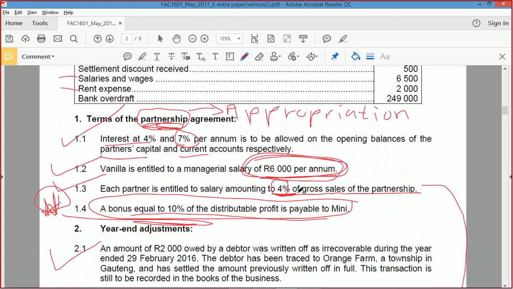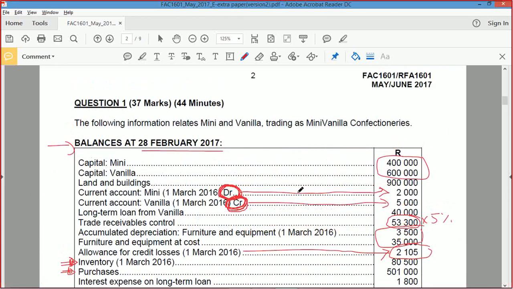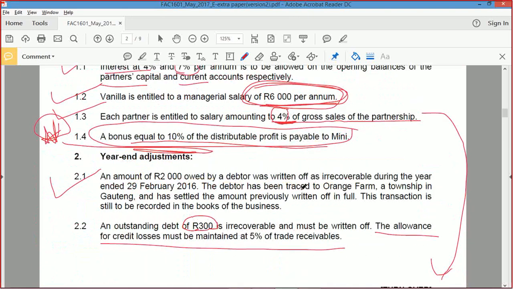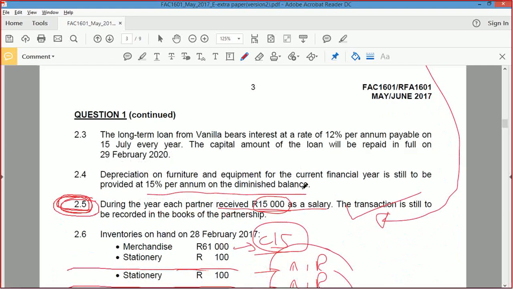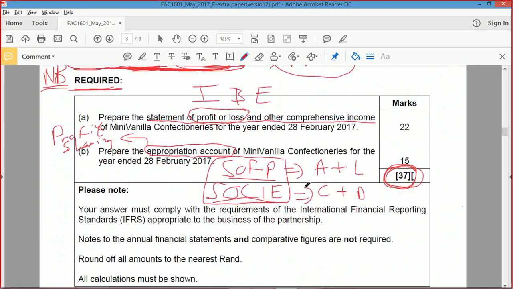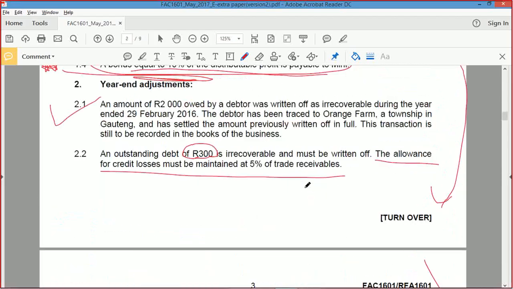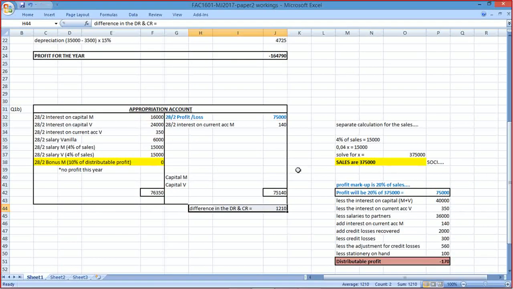That's the difference. But how are they sharing profits and losses? Did they say? No, not that I saw. Did they say somewhere? No, they didn't. Okay, problem. They left out some info. Then you'd have to assume they're probably sharing it 50-50. So again, not the best of questions.